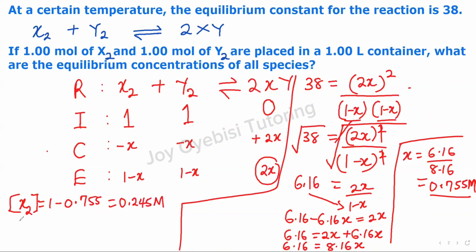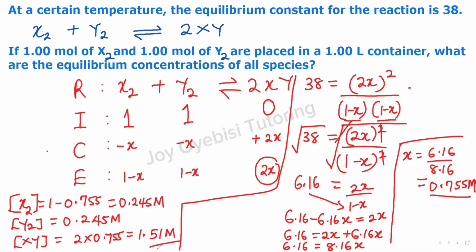Now remember, Y2 is the same as well, right? So that gives us the same thing. And then the XY would be 2 times the 0.755, which is 1.51 molar. Okay, and those are the values that they want you to calculate. So this is how you set it up and how you solve it, okay?